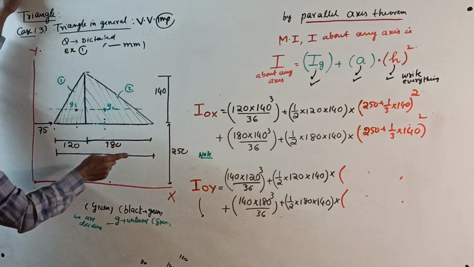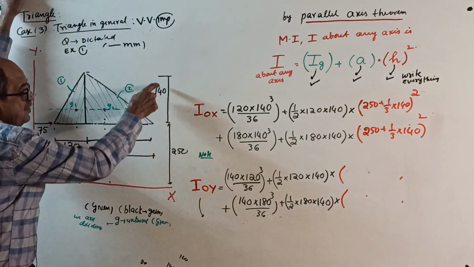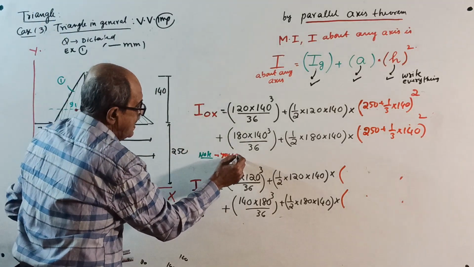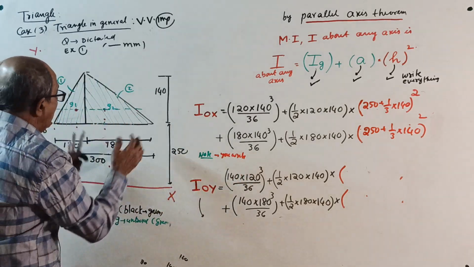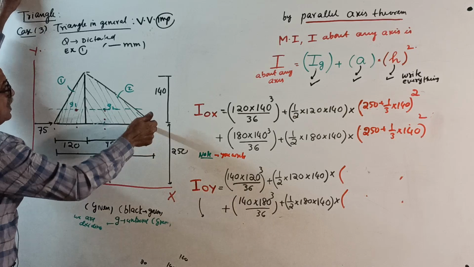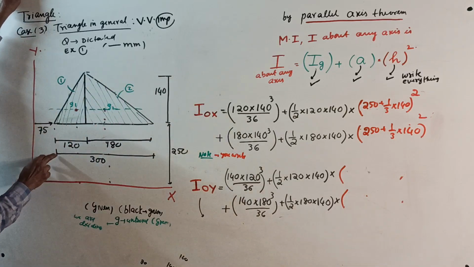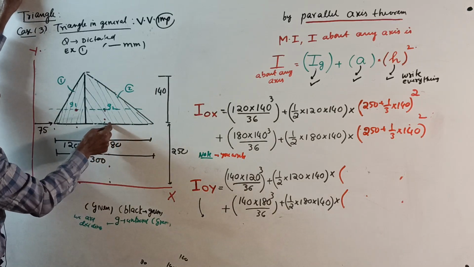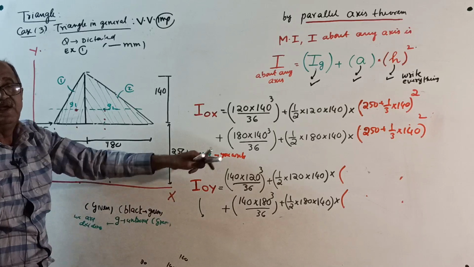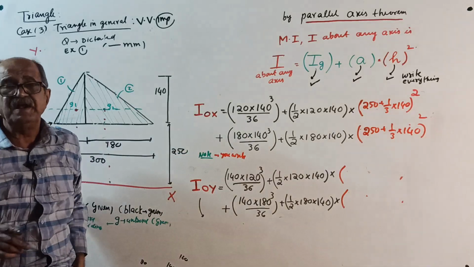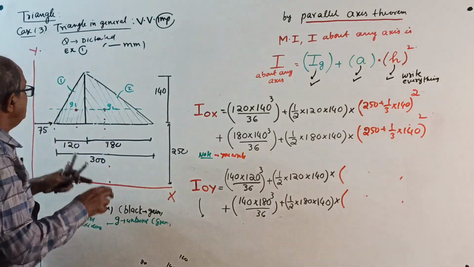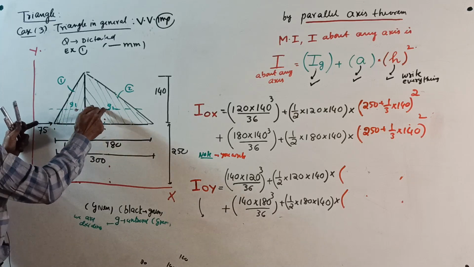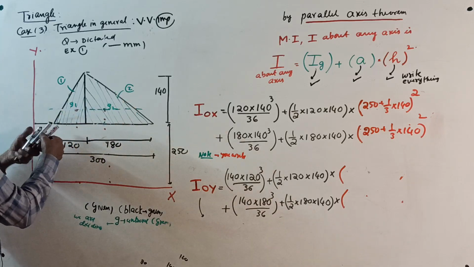Directly you can write 300 into 140 cube by 36 plus half into 300 into 140 into 250 plus 1/3 of 140 whole square. It will give the same answer. You should write somewhere outside. Now, this you can do only for OX. When you want this axis, both centroids are in the same line. You cannot do it for OY.